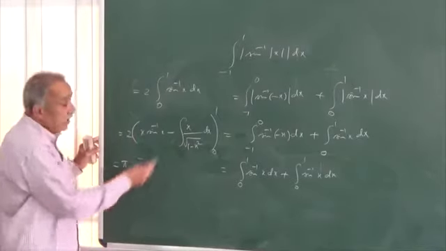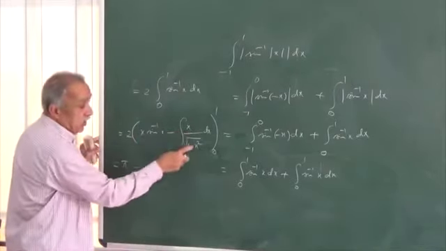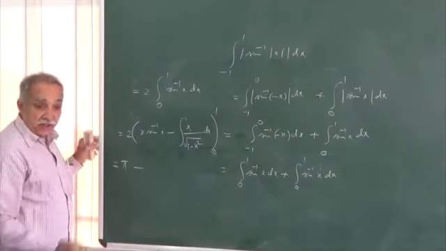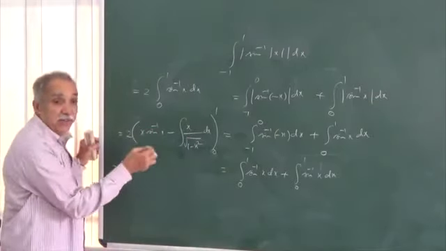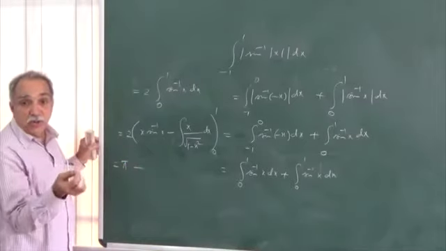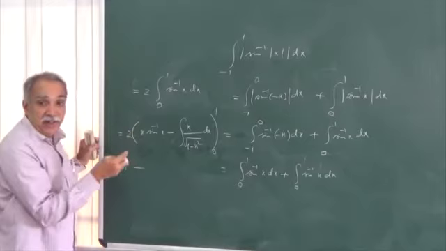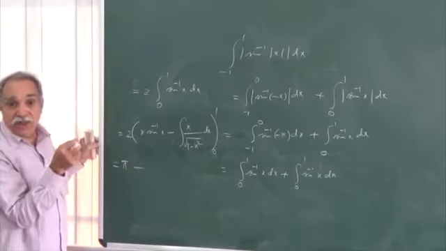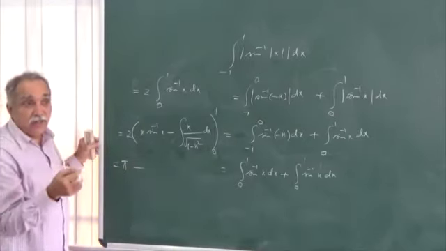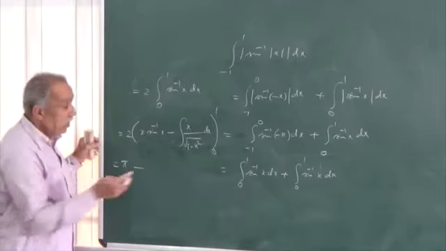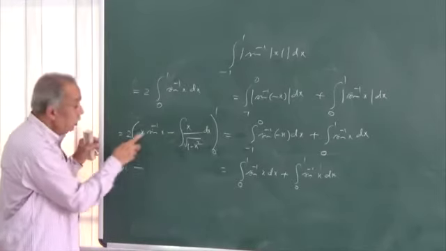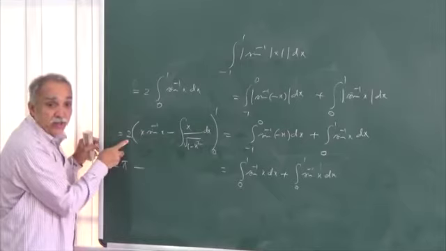Minus integral 2x dx by root 1 minus x square is same as integral dt by root t, where t equal to 1 minus x square. Yes. So, integral will be integral of t power minus half is t power plus half by half is 2 root t. You have taken care of this negative sign, you have also taken care of this coefficient.